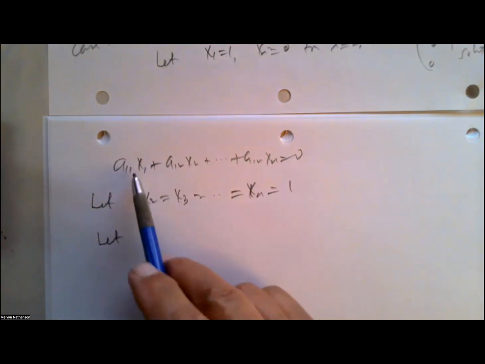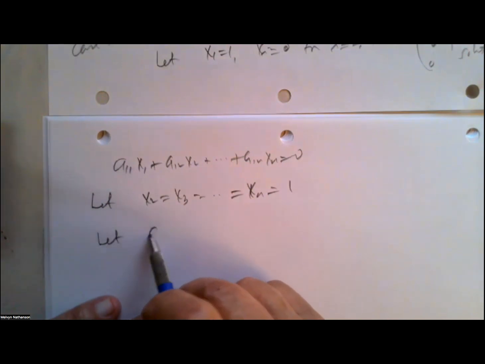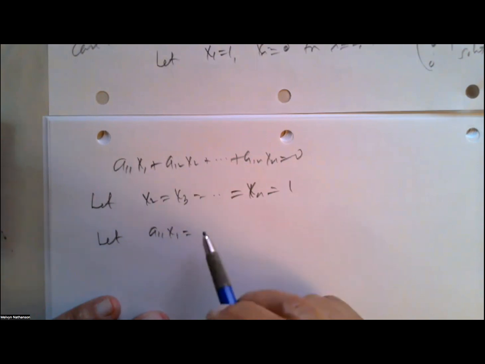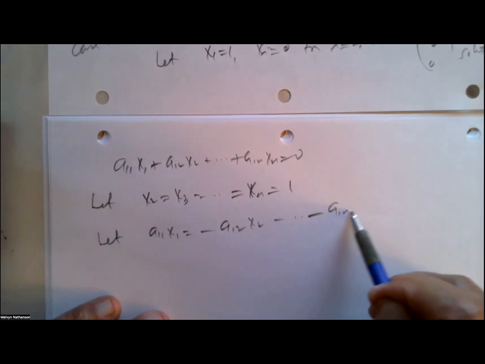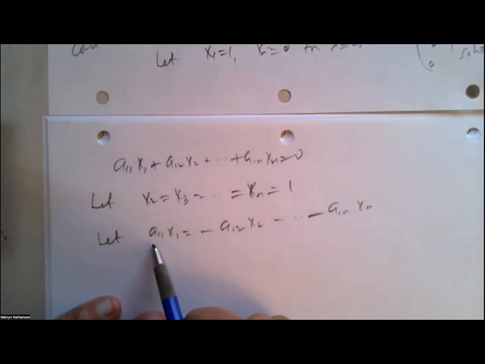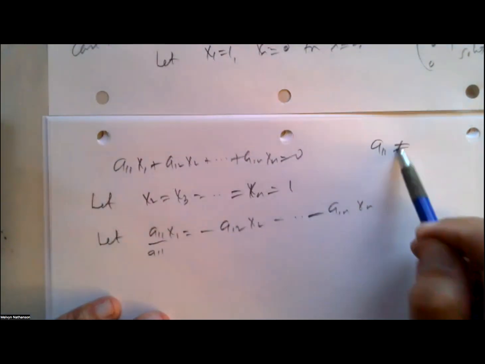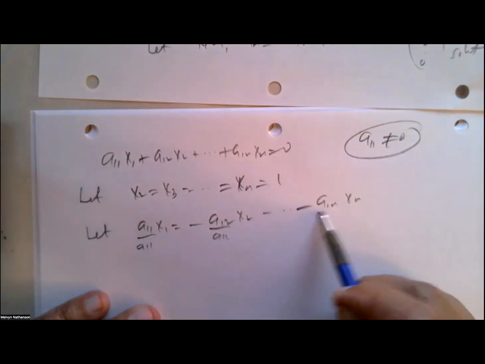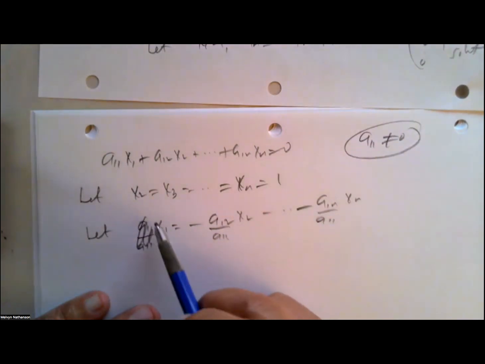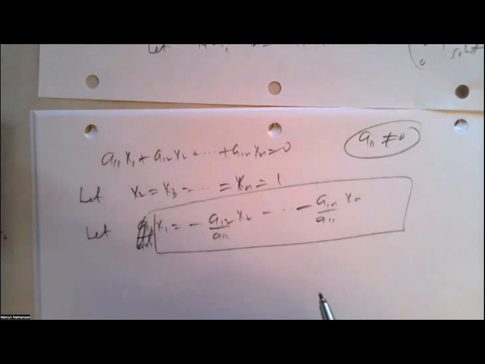If I solve this equation for x1, I would get x1 equals minus A12 x2 minus up to A1n xn, and if I divide by A11, which I can do because this is the case when A11 is not 0, this says that x1 is equal to this.